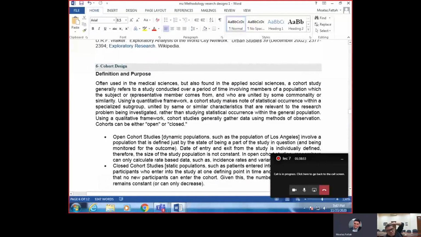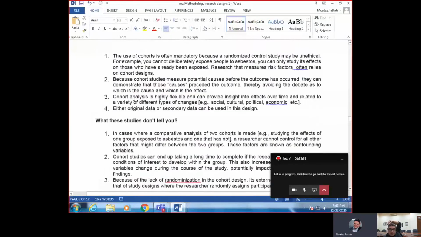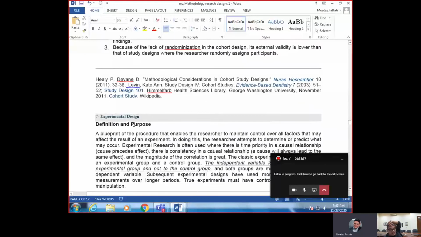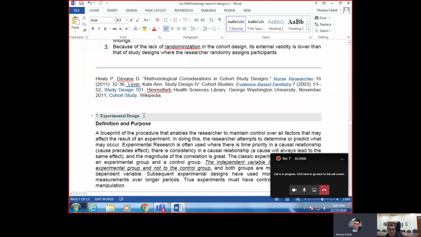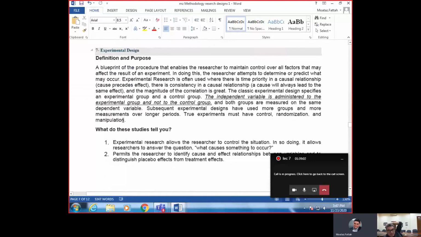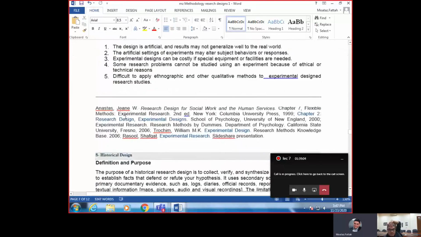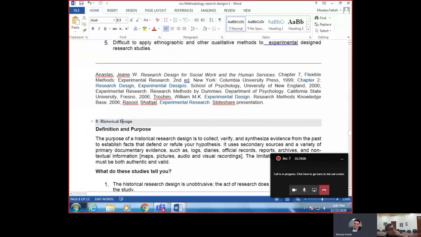Cohort design, rarely used. Experimental design, widely used by behavioral political science, but this is not something that we do in Egypt in general. Historical design, widely used.